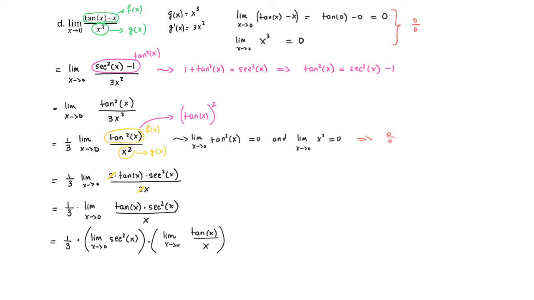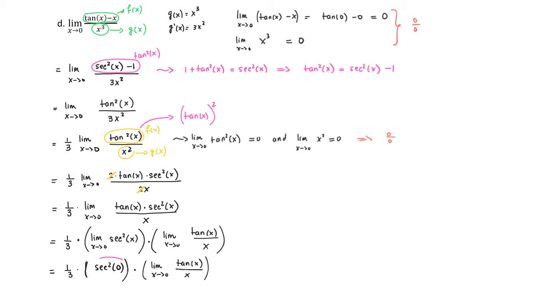Now I think that I am ready to do my substitution here. If you remember that the secant squared of 0 is a valid real number, secant squared of 0 is actually equal to 1. So that's going to be noted in my next step. And then I am going to have here times the limit as x approaches 0 of tangent of x divided by x.